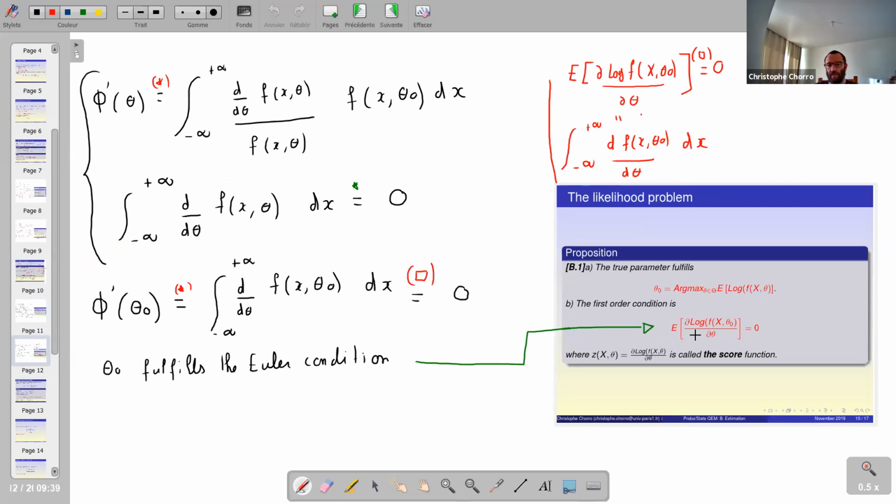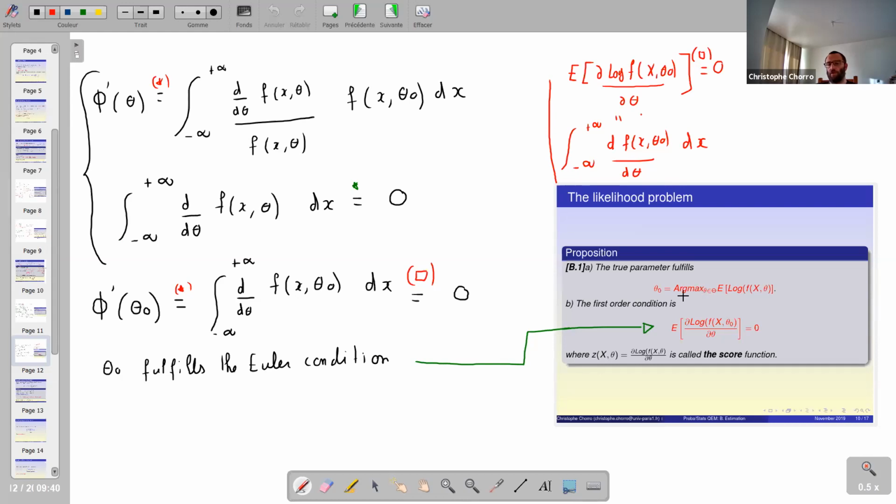So I prove that this one is fulfilled for theta 0. It is just an implication of the Euler condition. Second thing: if I want to check that I have a maximum, you know from the course of optimization that checking the Euler condition is not sufficient.